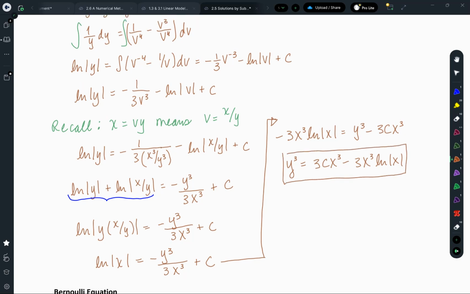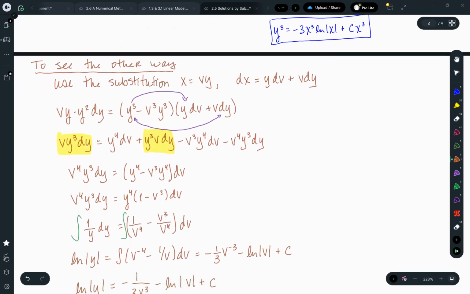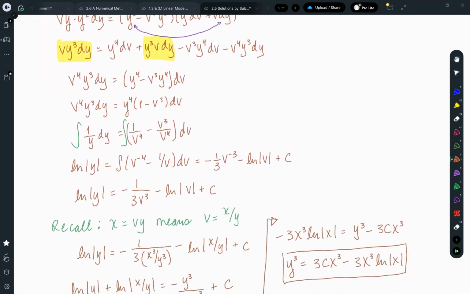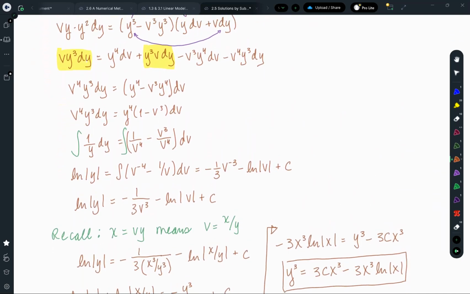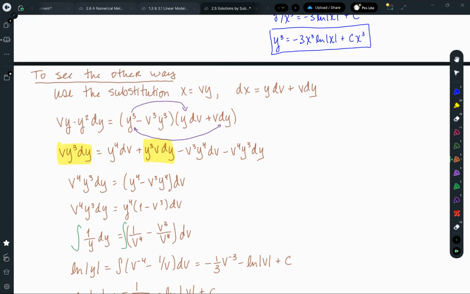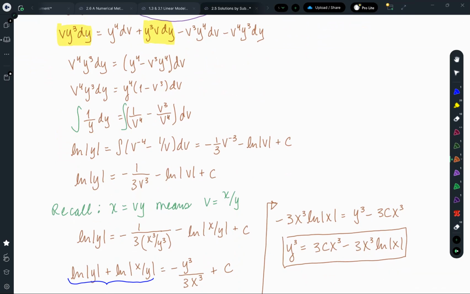Now, if we compare this to our previous answer, it looks like the only difference, they both have a minus 3x cubed natural log of the absolute value of x, but the first time I just got cx cubed, and the second time I got 3cx cubed. Well, the difference between c and 3c is nothing. It just depends on what our initial value is.